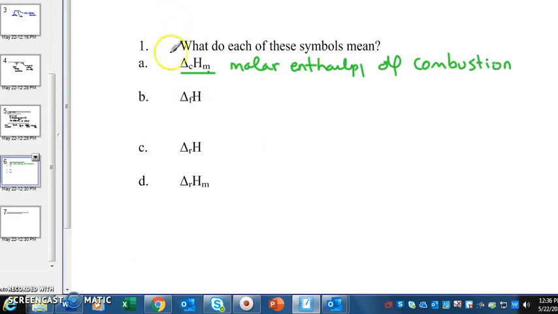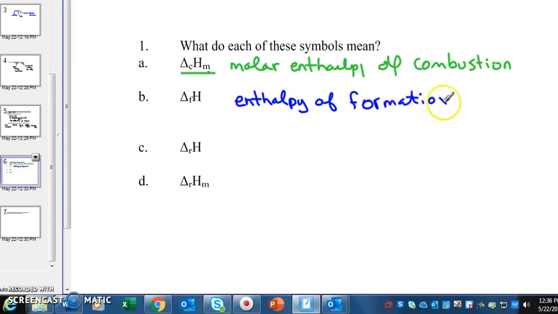And the next one is just getting you the enthalpy of formation. The little f stands for formation. However, this is for the total formation.